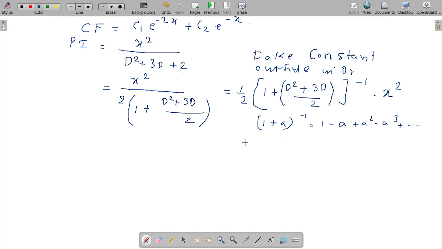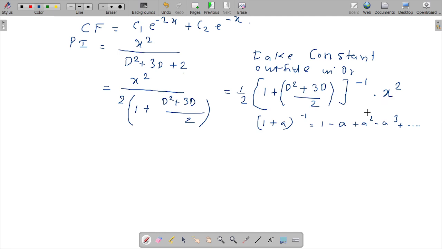Now up to which term do you have to expand? Based on this x power, x square is there, so up to the second term you have to expand. That is, you have to find 1 minus a plus a square. The a cube, a power 4 are not needed.